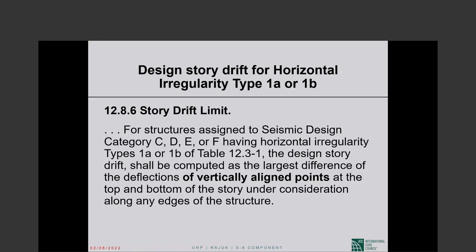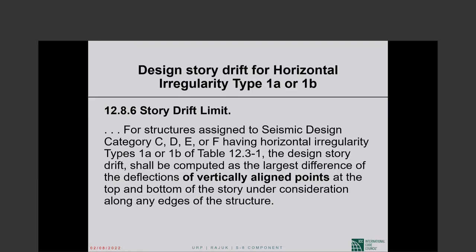When you have torsion, normally interstory drift would be the deflection at the center of mass of the floor above and the center of mass of the floor below. But when there is torsion, you need to look at the periphery of the building. What is the word? Edges, the edges of the building.